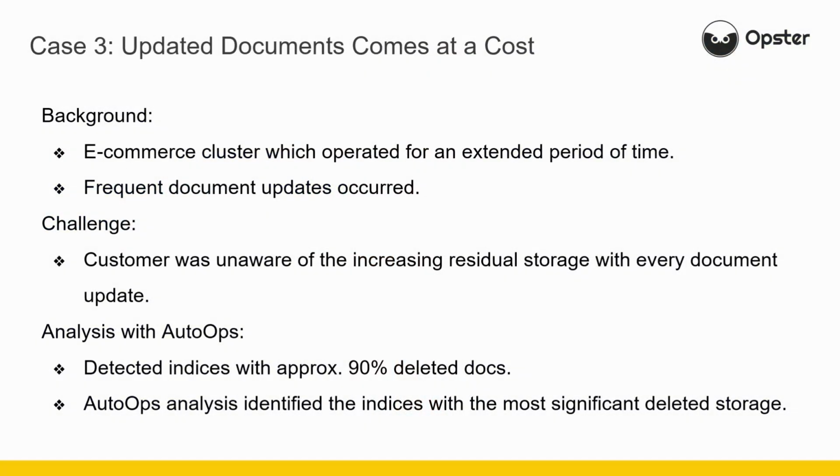And once in a while, it needed to update those documents. And as you're probably aware, when you update documents in OpenSearch, there's a residual storage that is still there after you update a document. So updating a document actually creates a newer version of the document on a new segment, and that older version is marked as deleted, but it is still counted in terms of storage.